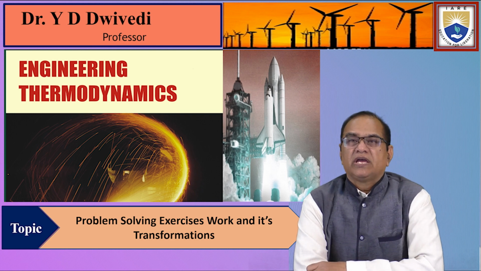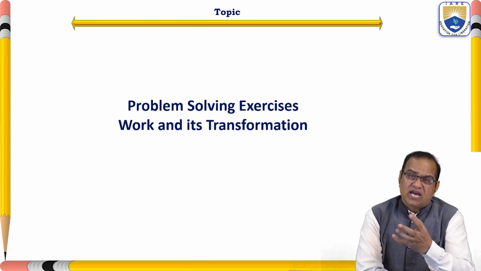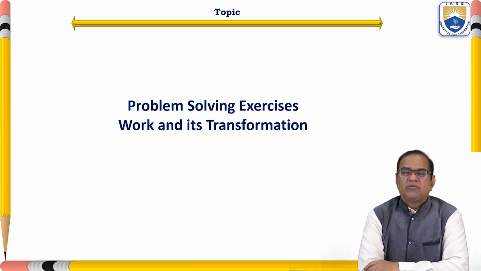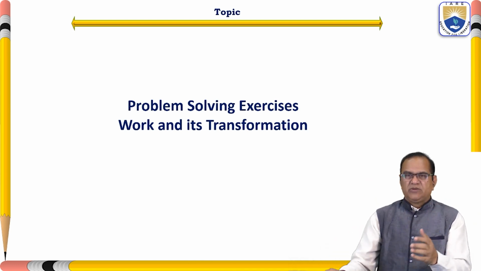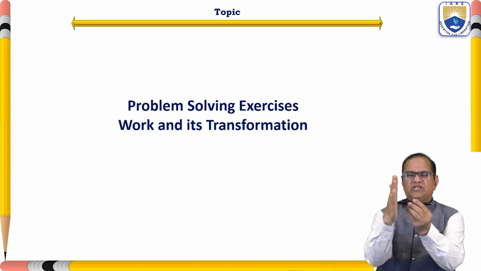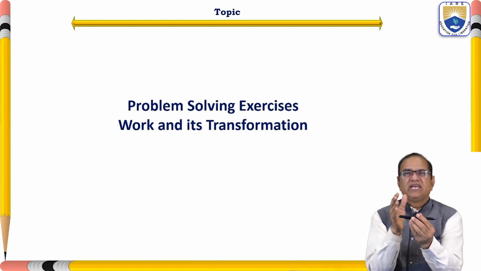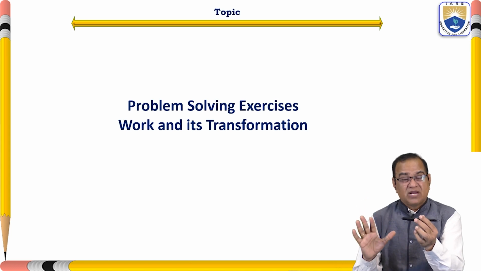So the work is, in thermodynamics, work is not like what we learned previously in physics, that if you apply a force, if you take this thing and I am applying this force, it will move. So this force, applied force into distance moved, is a work. But in thermodynamics, work is not that.